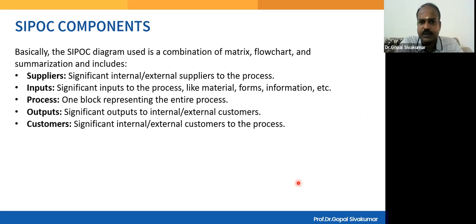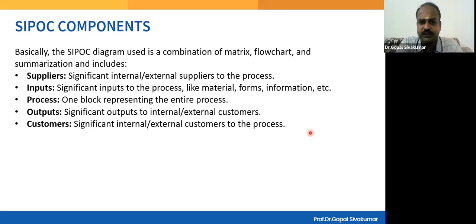So basically the SIPOC diagram is a combination of matrix, flow chart, and summarization. And that includes suppliers, nothing but the significant internal and external suppliers to the process, and inputs, the significant inputs that go into the process like materials, forms, information, all of them are considered inputs. And then the process, which is nothing but a stage here that represents a particular step, and thereby the entire process is visualized from the start point until the end point.